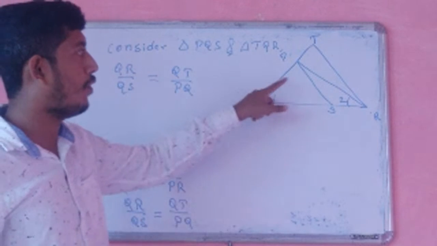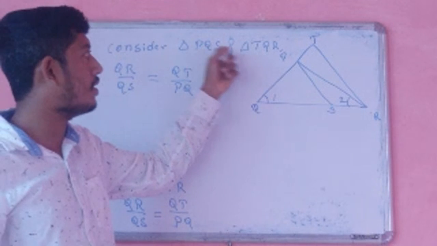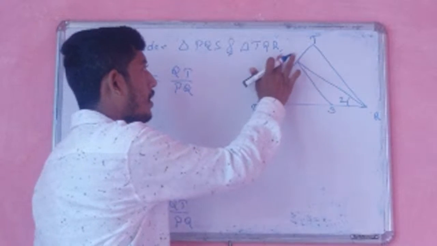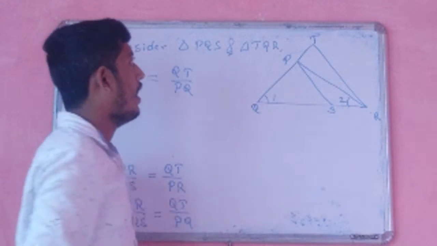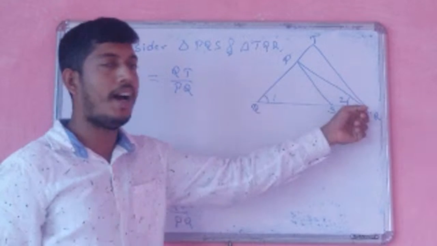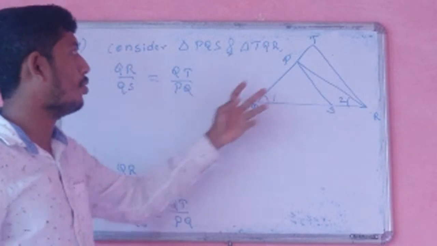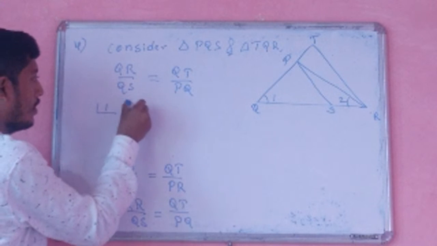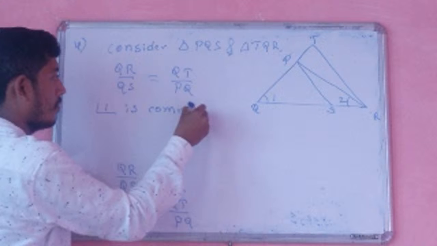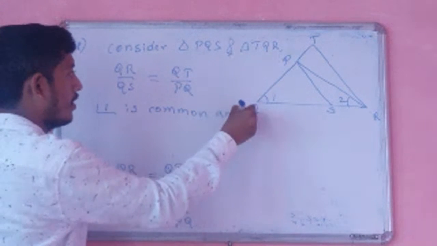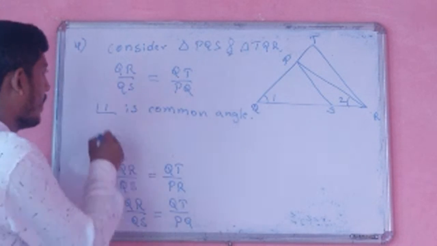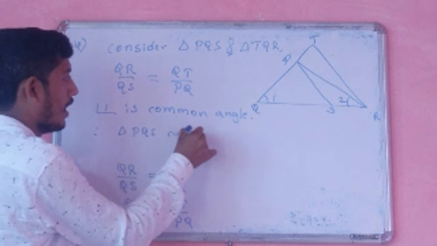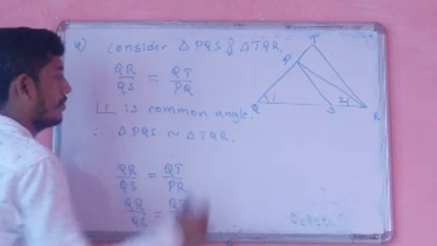And for both the triangles, PQS and TQR, angle 1 is the common angle. So therefore directly we can write, triangle PQS is similar to triangle TQR.